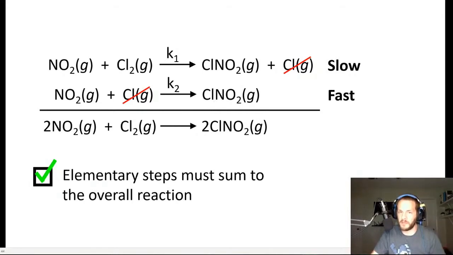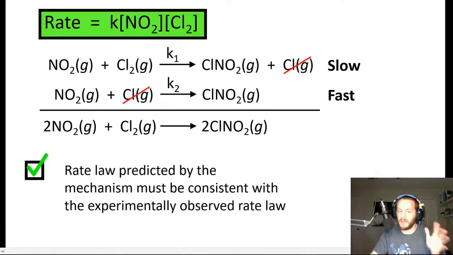Now the second condition, which is that the rate law predicted by the mechanism must be consistent with the experimentally observed rate law. In other words, no intermediates in the rate law. Well, that condition is also met. Why? Because of the rate law that we got by the mechanism, rate equals k times concentration of NO2 times concentration of Cl2.